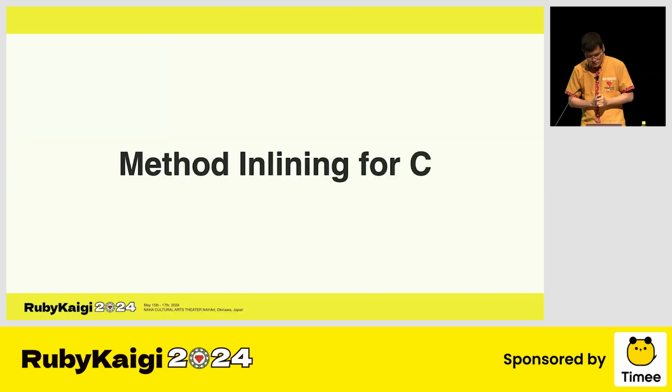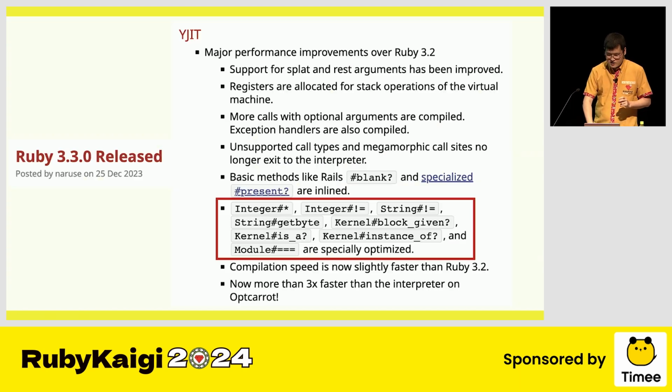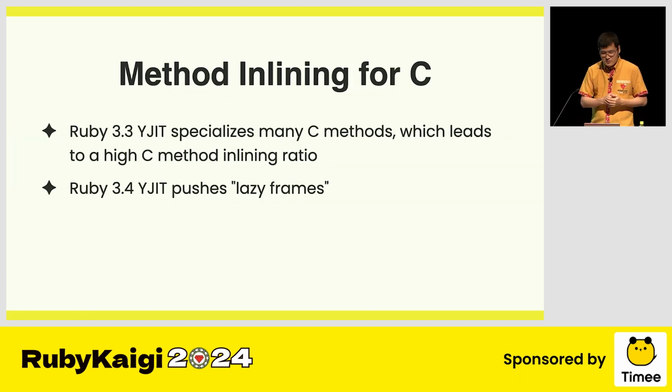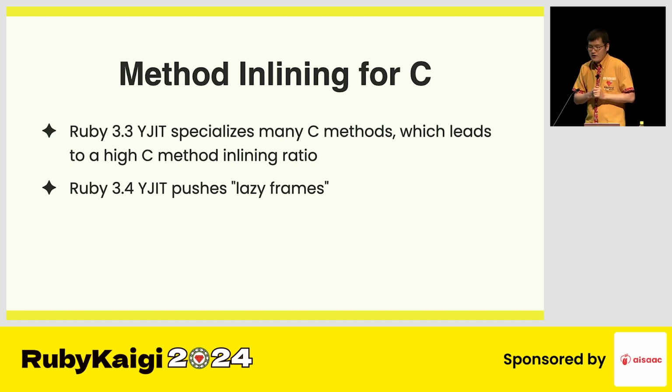Finally, I'm also going to mention the method inlining for C. So C code is kind of like a black box for YJIT, so we can't easily optimize those method calls. However, there are several method calls that are very popular in many real-world applications. So we target such popular methods and try to maximize the ratio of inlining by tackling those popular methods.